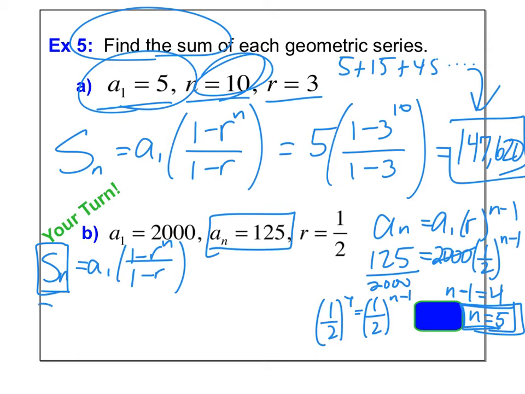So let's do that. I now know I'm adding 5 terms, beginning with 2,000, and a common ratio of 1/2 to the power of n, which I found to be 5, over 1 minus 1/2.